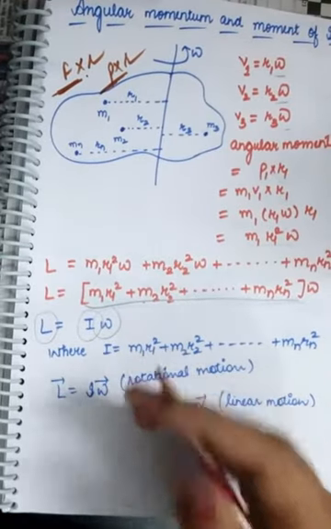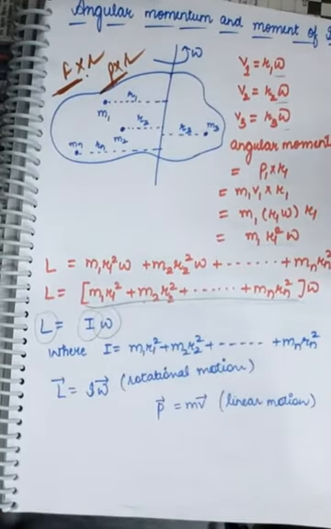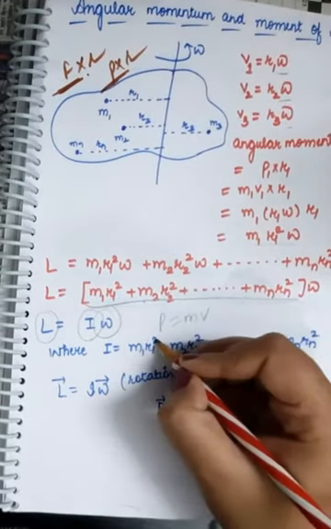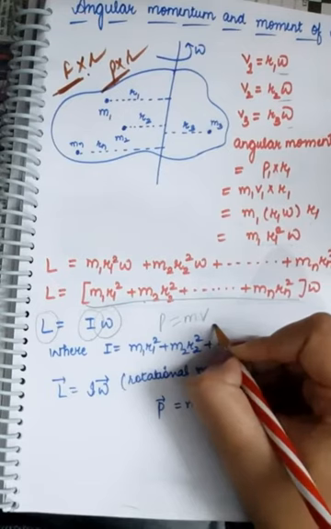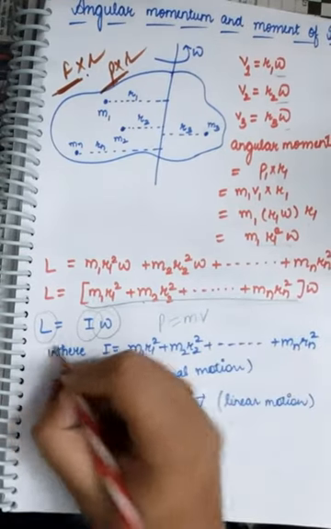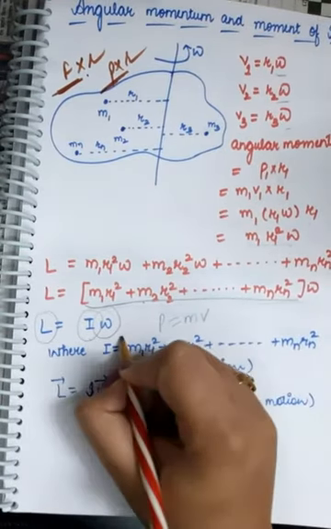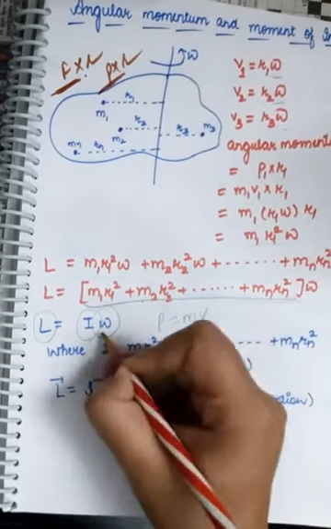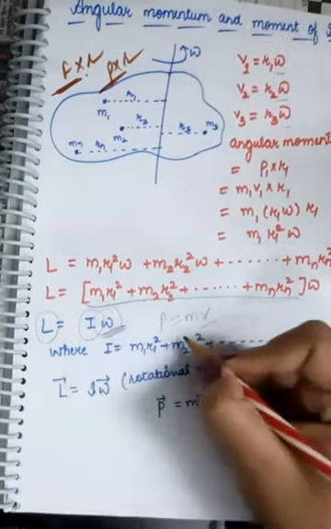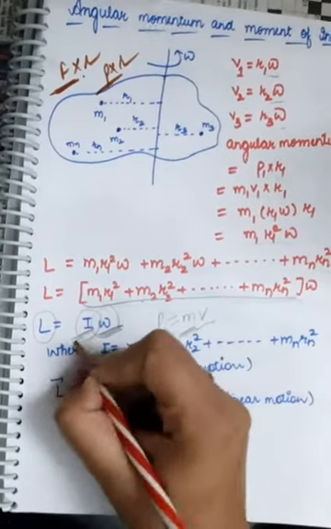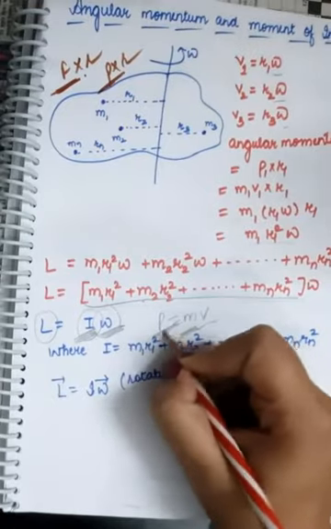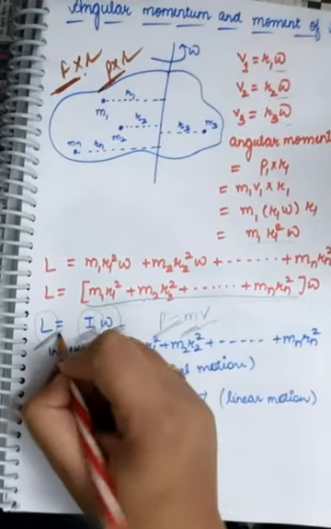Can you see that this relation is completely analogous to this relation? Linear momentum used to be mass into velocity, and angular momentum is moment of inertia into angular velocity. In place of linear velocity, you can see angular velocity. In place of mass, you can see moment of inertia. In place of linear momentum, you can see angular momentum.